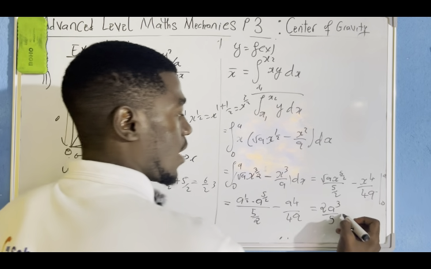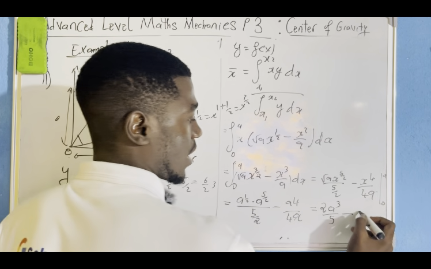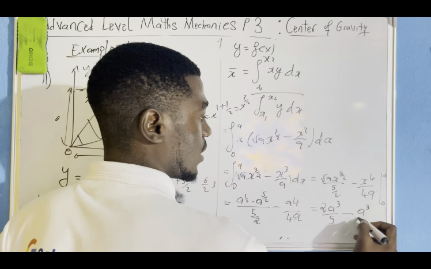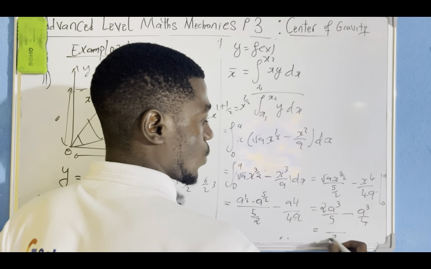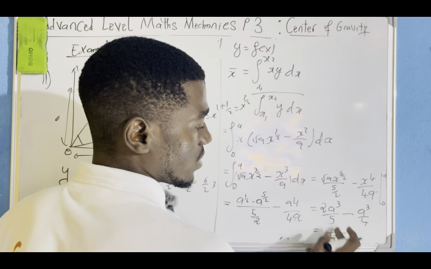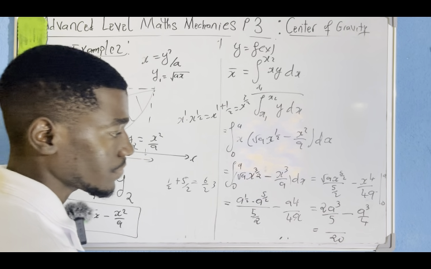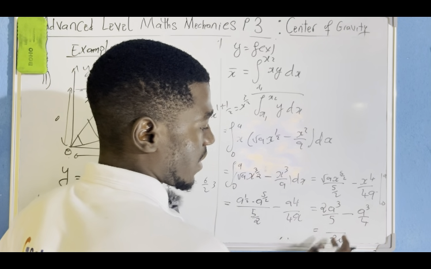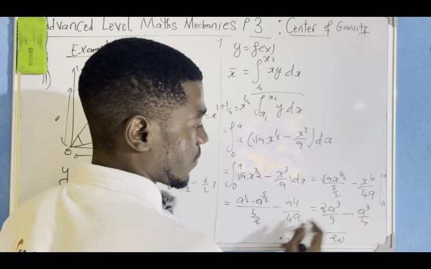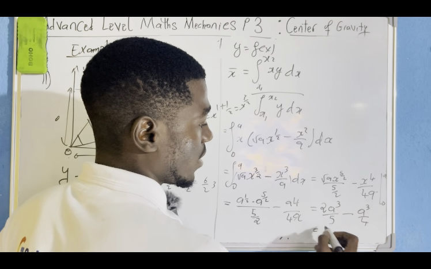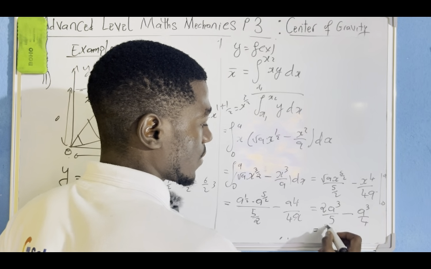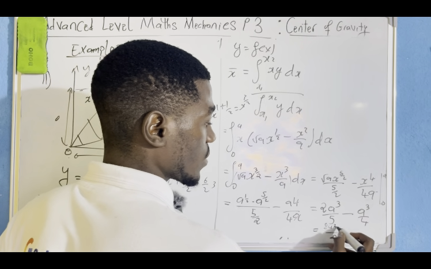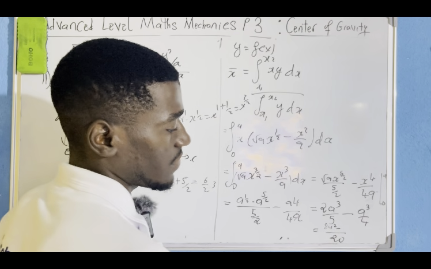These 2 will go up. Minus a cancels one time, minus a squared over 4. When I do the LCM here, LCM here is 20. 20 divided by 5 is 4. 4 times 2, 8. 20 divided by 4 is 5.